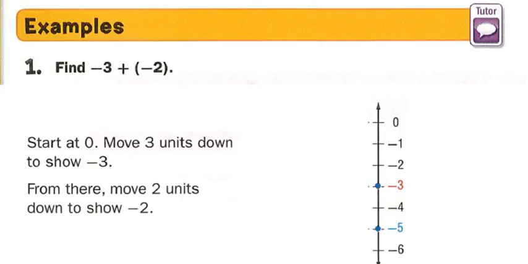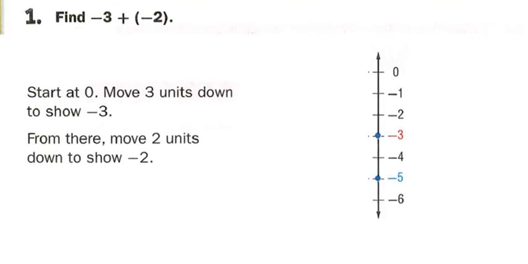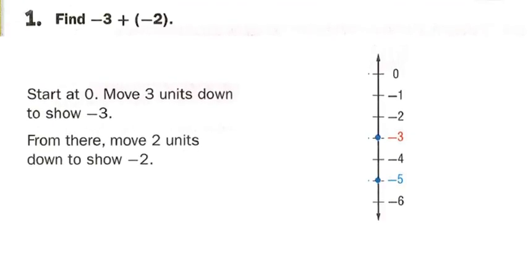So we've got find -3 plus -2. Now we can use a number line to sort of help us guide ourselves through this, and then we'll talk about how that works. So let's start at 0. All right, we're going to start at 0. And the first thing it says is go to -3. So we start at 0, and we're going to go down 1, 2, 3 to get to -3. So there we are at -3.